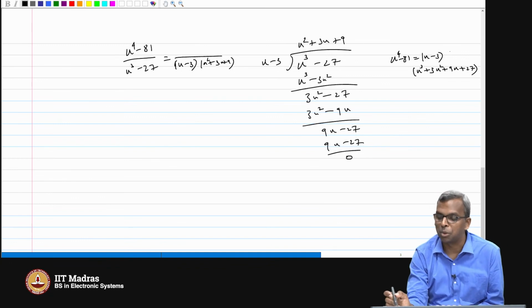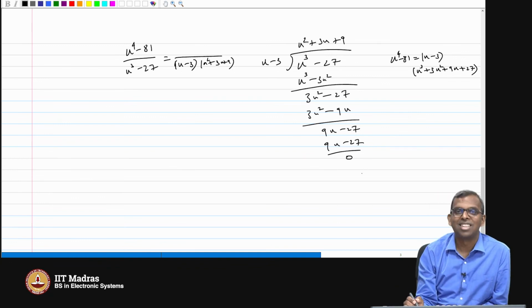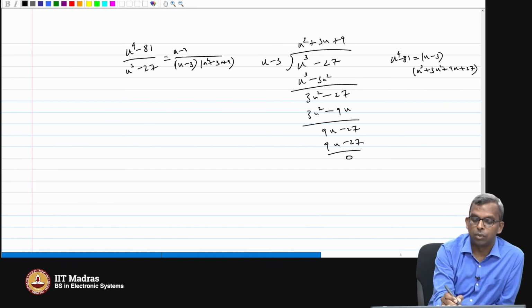How did I get that? You can repeat the same division using this u minus 3 and you will get it. So, again this will go as u power 3 plus 3u squared plus 9u plus 27. I hope I got that right. Okay, you can check that.